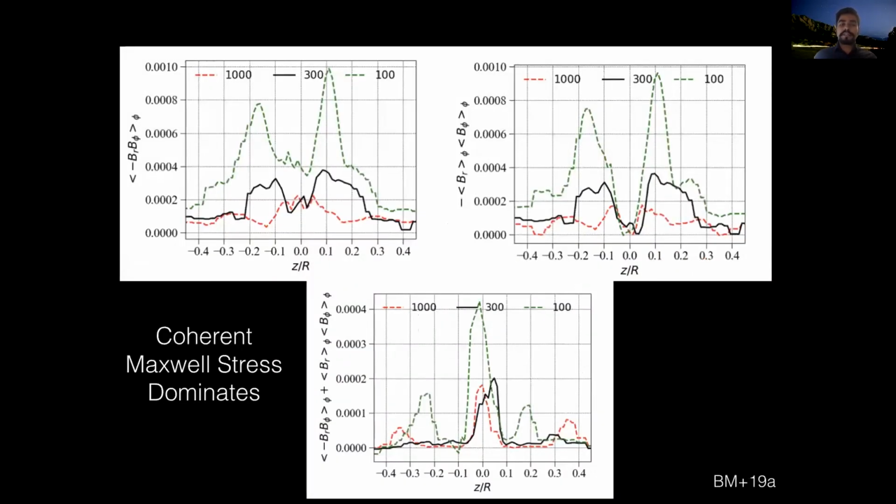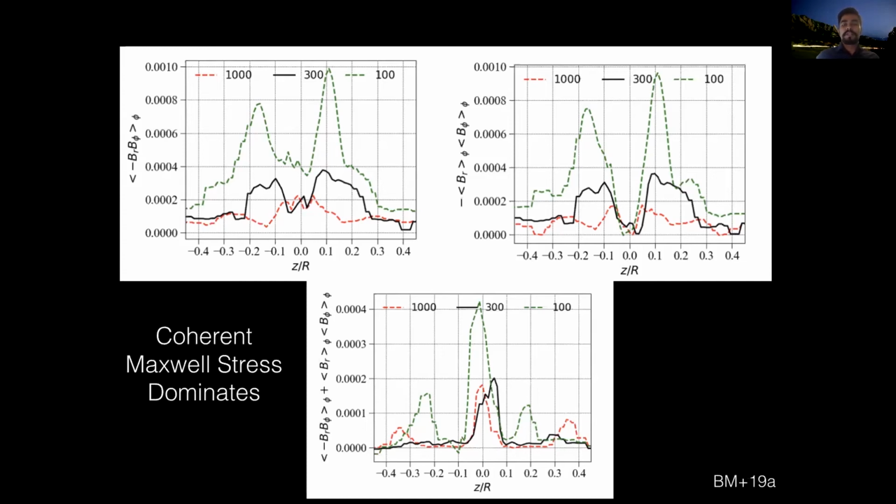The further analysis was, what's driving the accretion here? Certainly it's Maxwell stress dominated for the total stress profile. The upper left plot is showing the total Maxwell stress. What you are seeing is that the dominant accretion is happening in these peaks, the green peaks here, at around 0.2 or somewhere around 0.15.